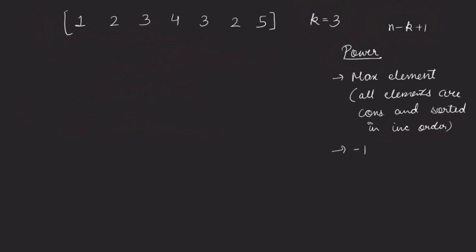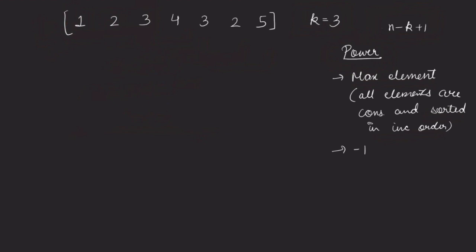So if we see in this subarray, all the elements are consecutive, right? 1 plus 1 is equal to 2, 2 plus 1 is equal to 3, so they are consecutive. So for this subarray, what will be the answer in the resultant array? Max element, right? And what is the max element of this subarray? This is 3.